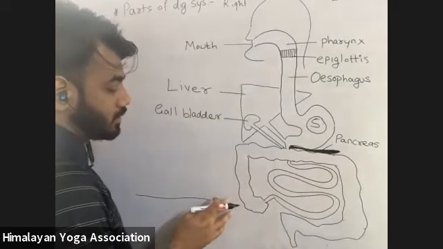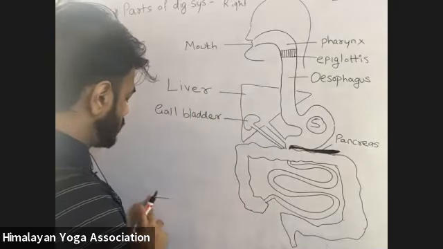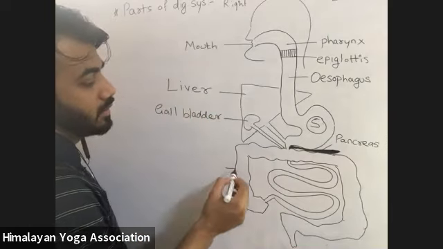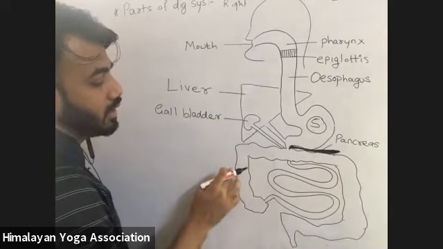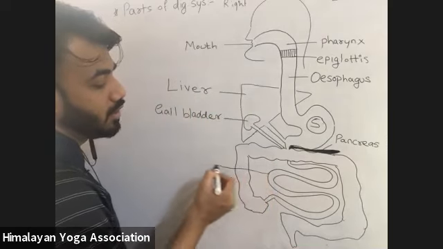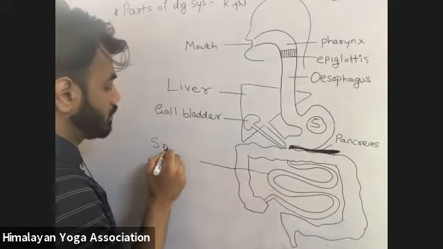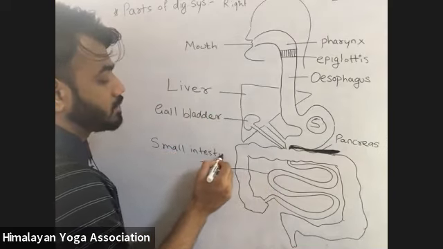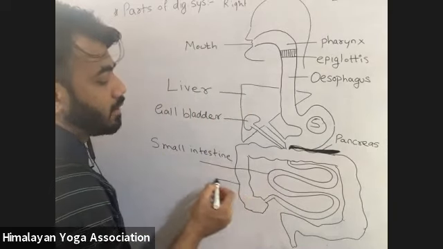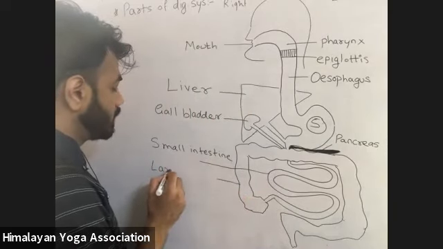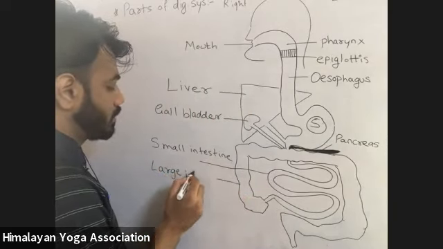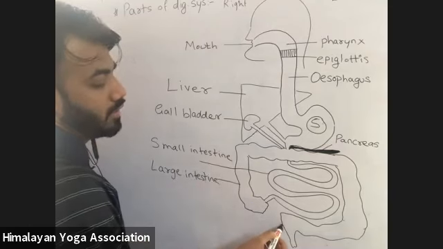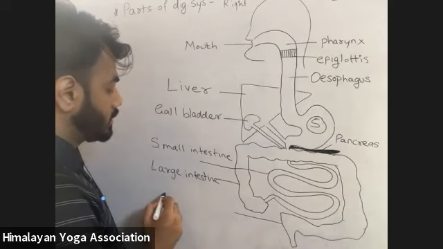This one is our large intestine, and the inside one is our small intestine. So we have the small intestine, the large intestine, and we have the anus.